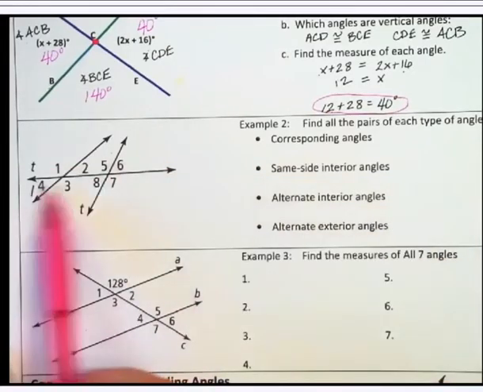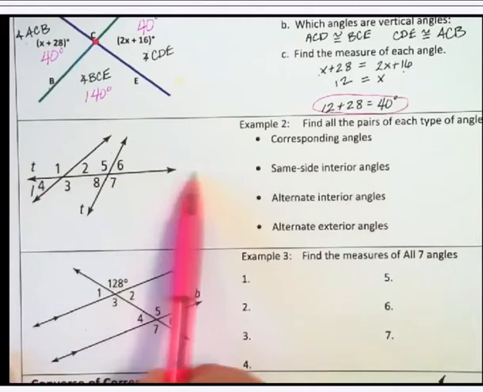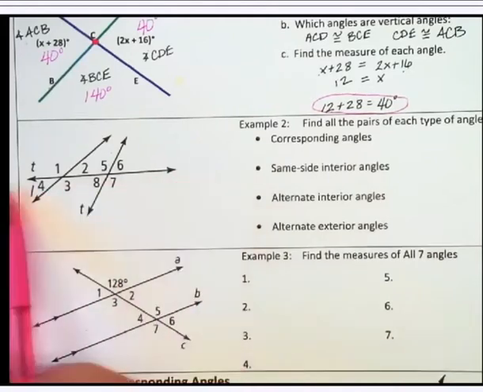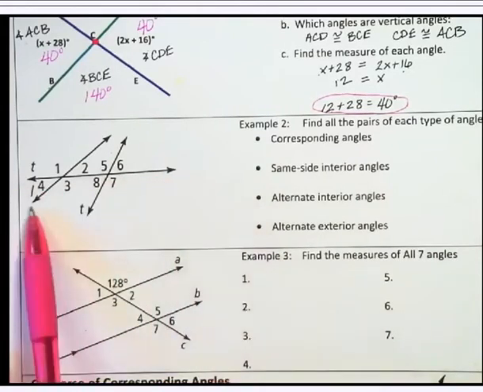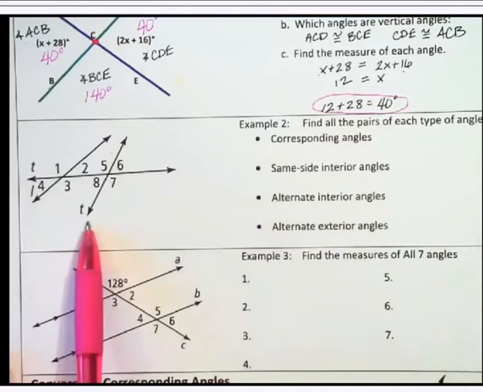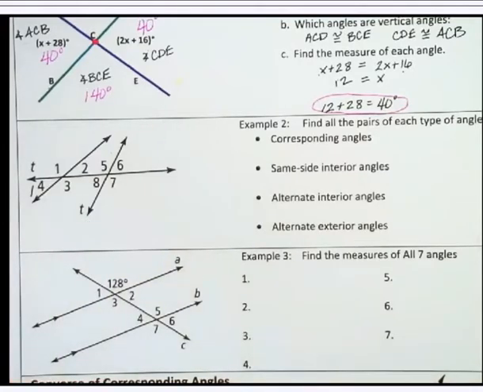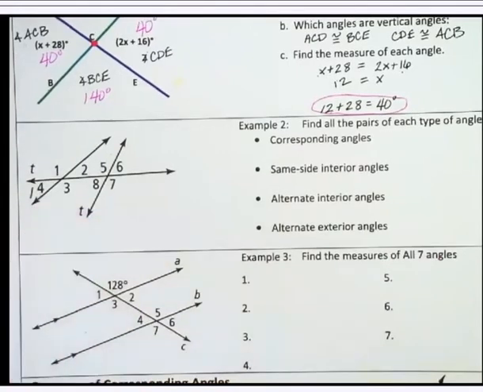So this horizontal line is my transversal. This is line L. This is line T. But wait a minute. These are not parallel lines, are they? It doesn't tell me that they are. Okay, but we can still identify the positions.